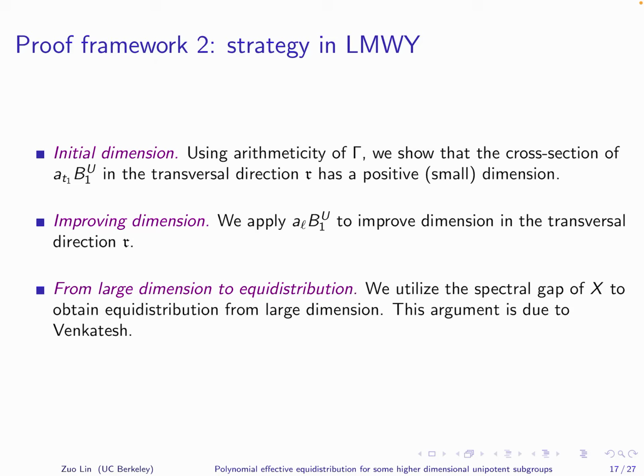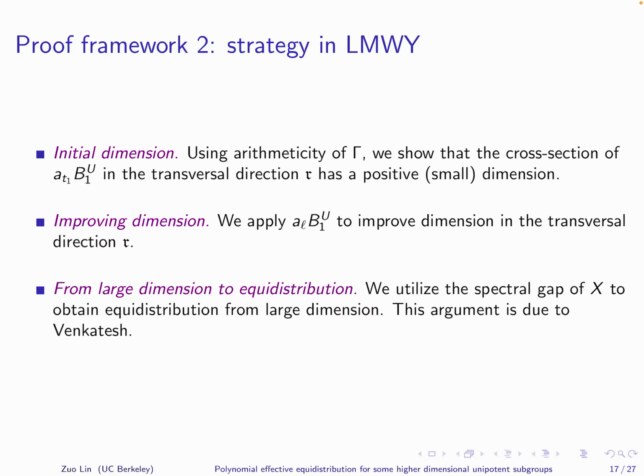Then you can apply this random walk to improve dimension in the transverse complement R. At the end, this improvement will give you a dimension close to the dimension of the transverse direction R. From that, we can utilize the spectral gap of X to obtain equidistribution from large dimension. This is the general framework in Lindenstrauss, Mohammadi, Wang and Yang, and also the general framework for the main theorem I talked about today.